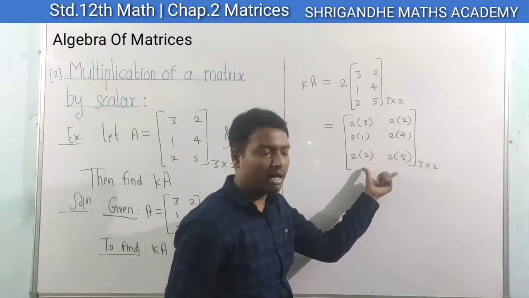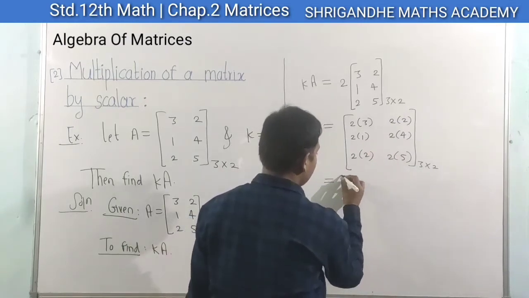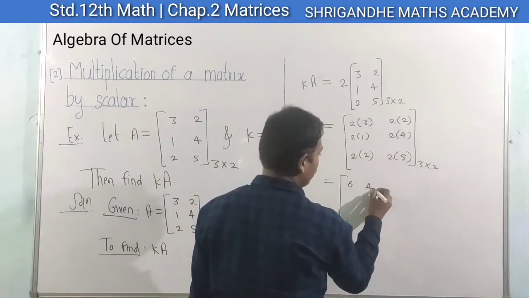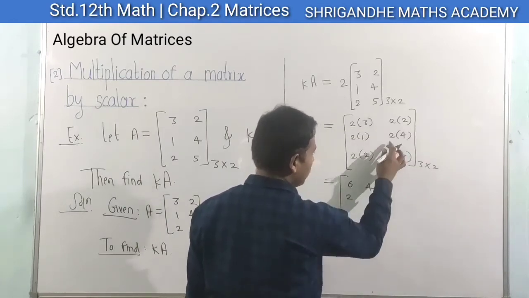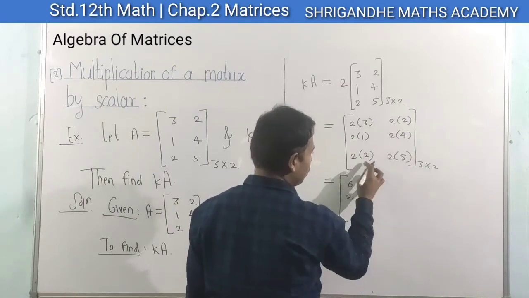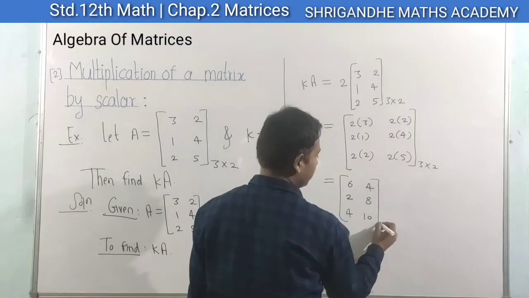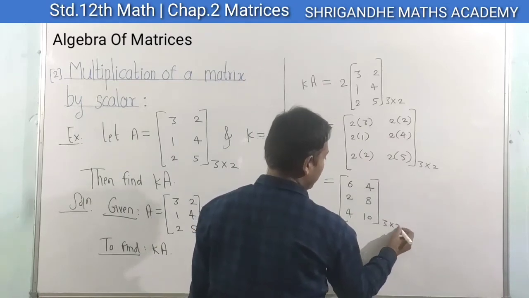Now simply calculate this part. Therefore this is equal to 2 into 3 is 6, 2 into 2 is 4, 2 into 1 is 2, 2 into 4 is 8, 2 into 2 is 4, 2 into 5 is 10 of order 3 by 2.